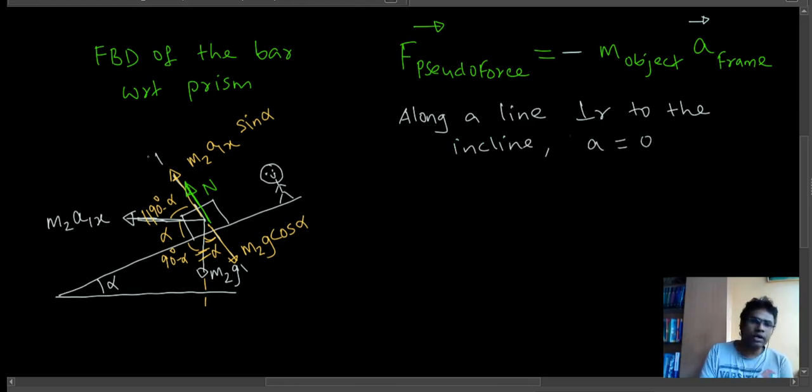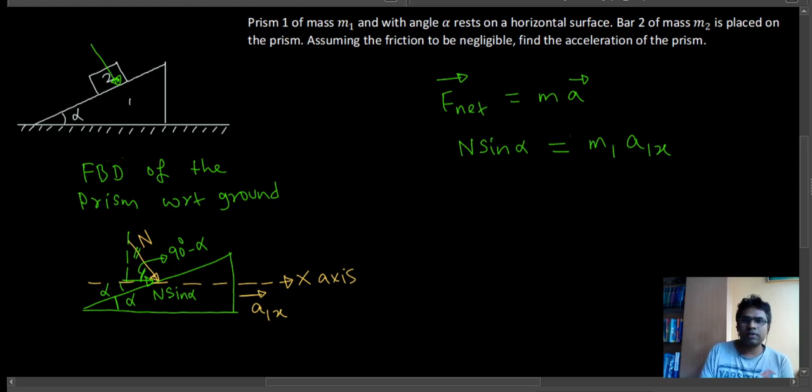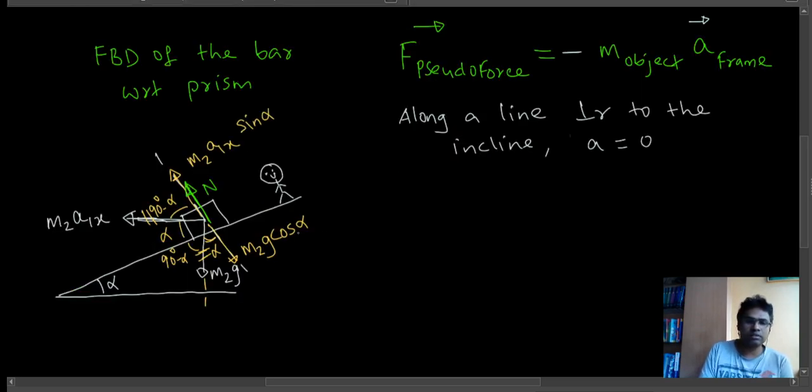If you pay attention to the forces, there is only one unknown, the normal force, other than of course a1x. So we can use this equation along with the first equation we obtained, and then get the value of the acceleration of the prism. So this is actually much faster.